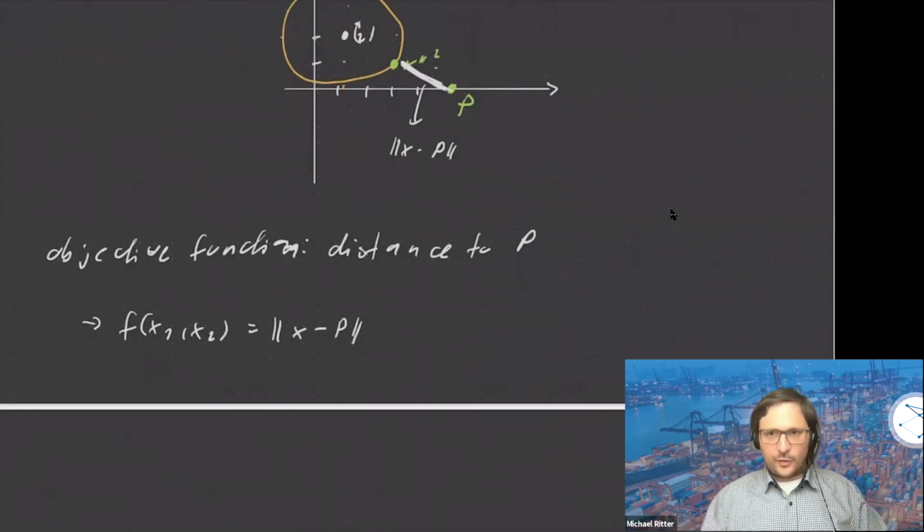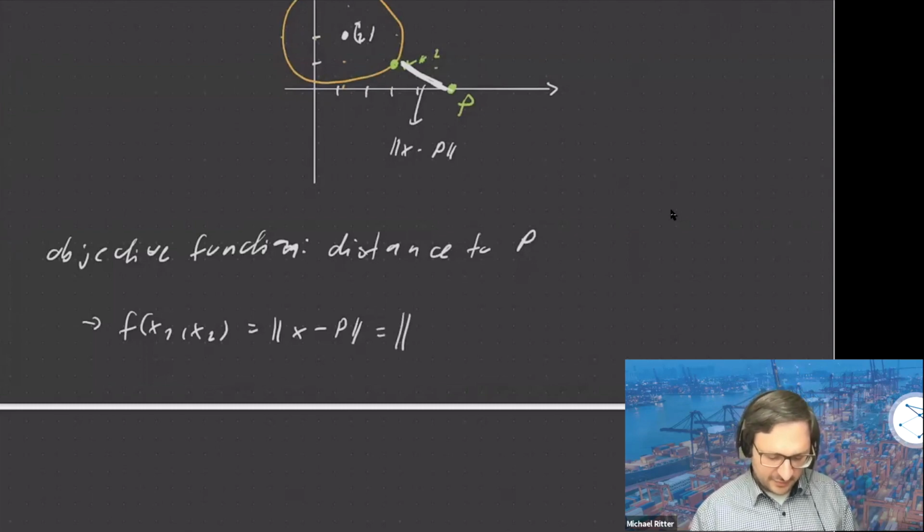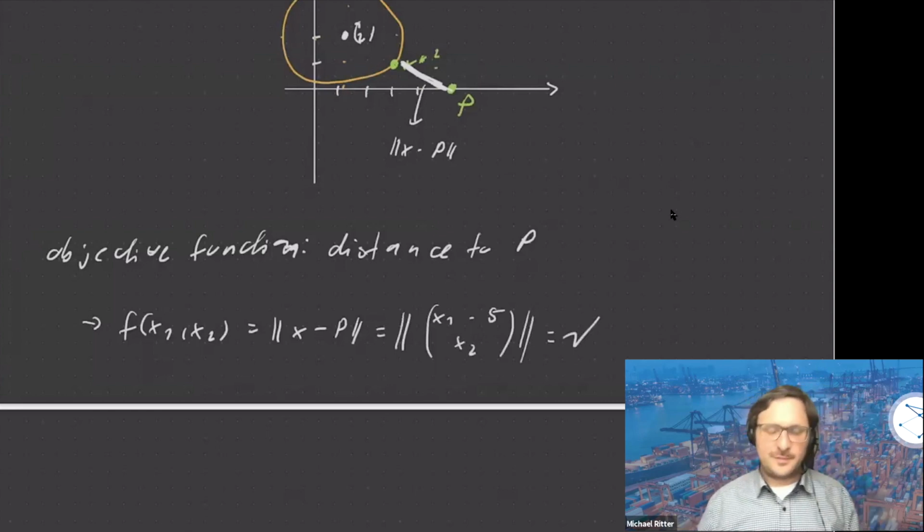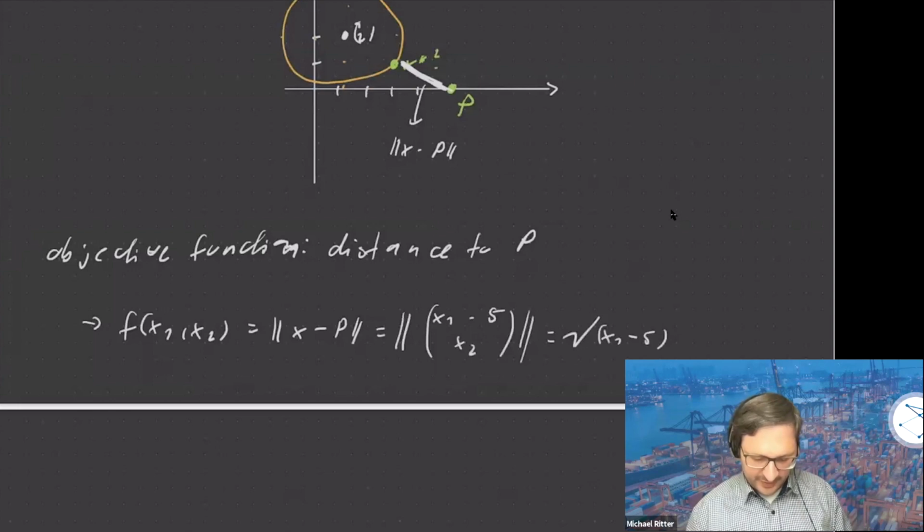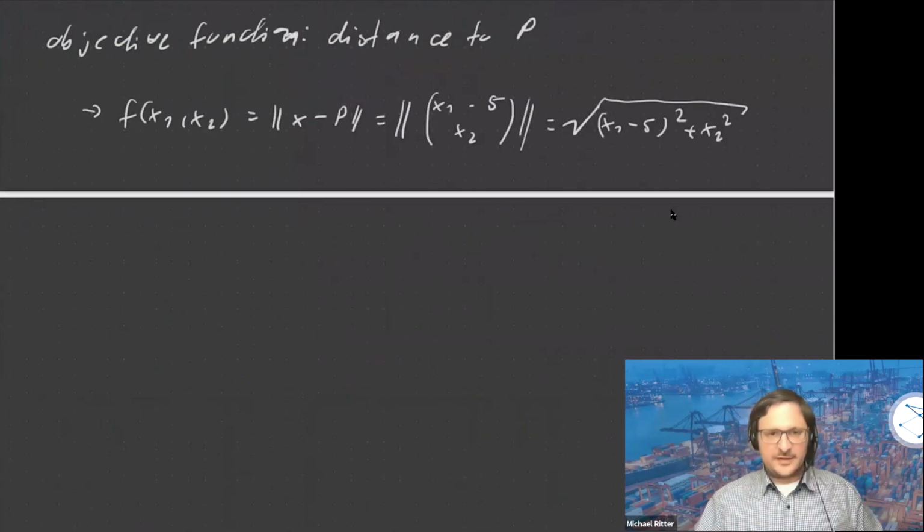Now, that norm, unfortunately, is pretty complicated. P is the point (5, 0), so the expression that we have to minimize is the square root of (x1 minus 5) squared plus x2 squared. Right, so that's the objective function.